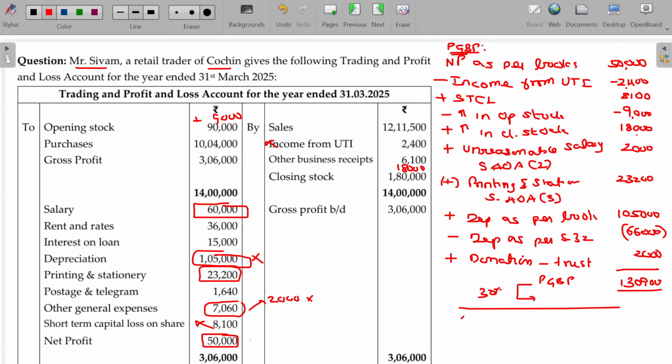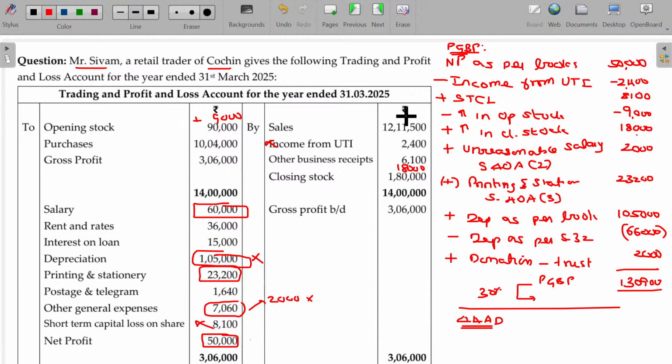So we have one more section called 44AD. I'll explain that later. Presumptive taxation. As per the presumptive taxation, you need not maintain all these books of accounts perfectly, and you need not calculate all these things.